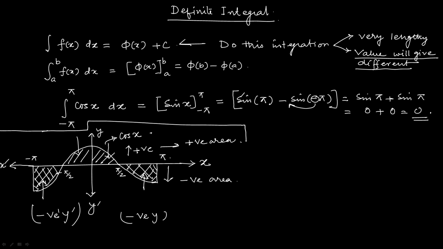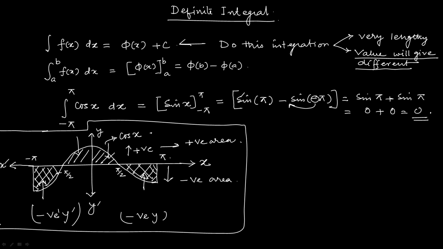You can do it very easily by the next chapter's formula. So whatever integration we have found, maybe we don't need to do this integration. Before that we will find that this one will give 0. Clear? So we have to do those things.